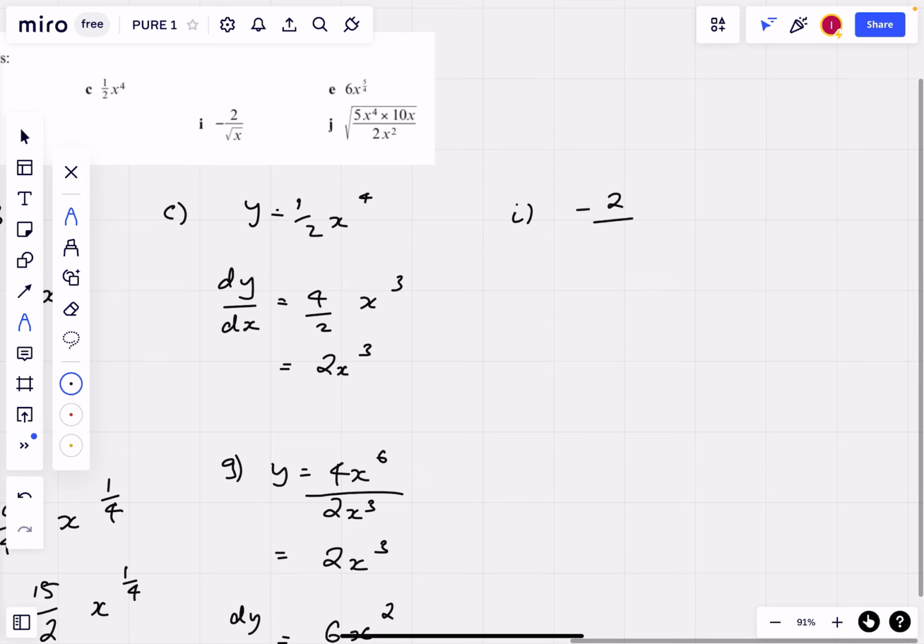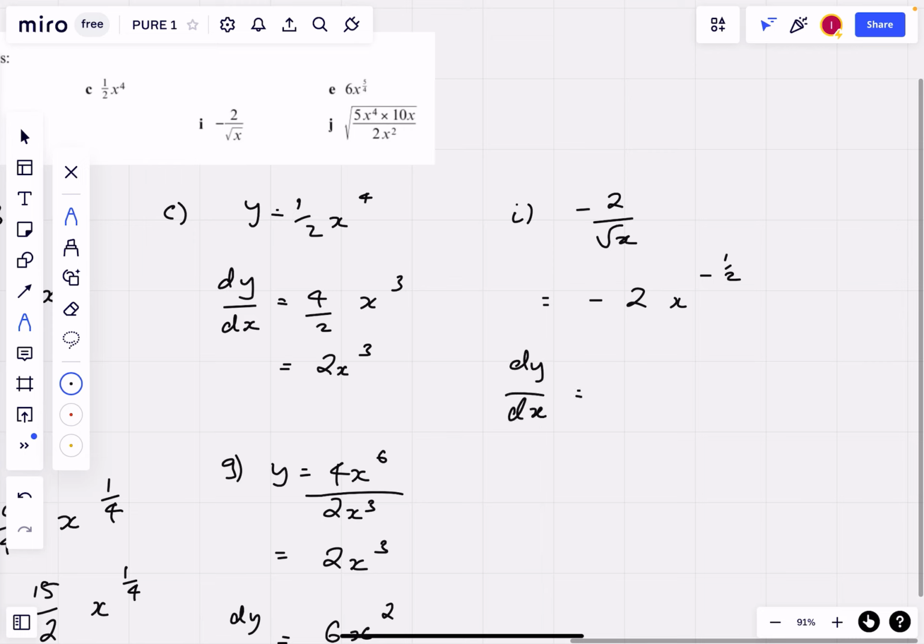Minus 2 over root x. Let's rewrite that. Let's turn the root into a power and let's bring the power up. So minus 2x to the minus a half. Now I'm ready to differentiate.